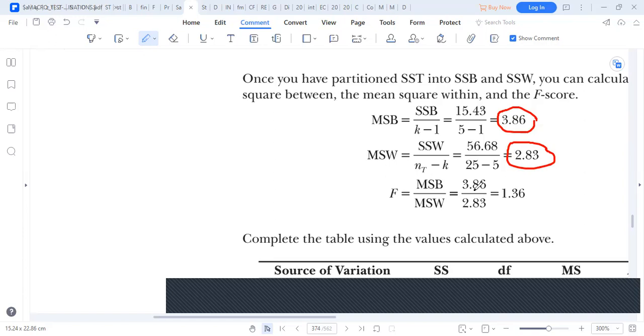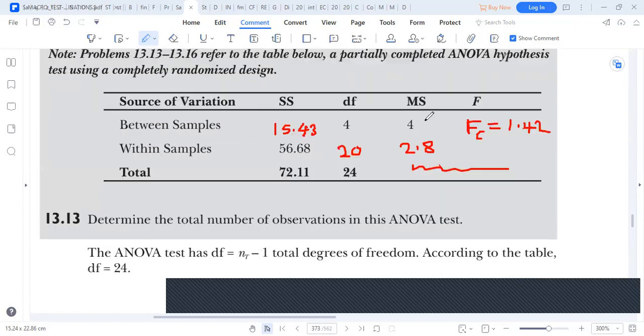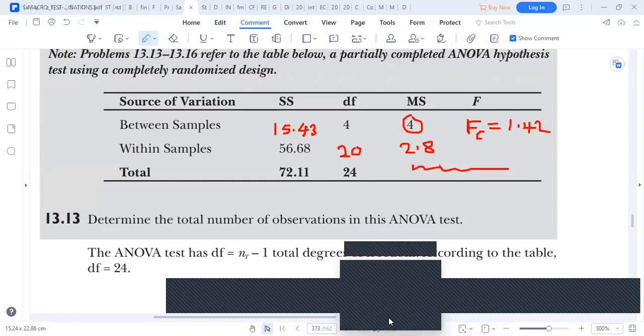Then you divide this into 3.86, which should be 1.36. It gave us 1.4 because we rounded off to 4. This answer was not actually correct. So you see, it's easier.